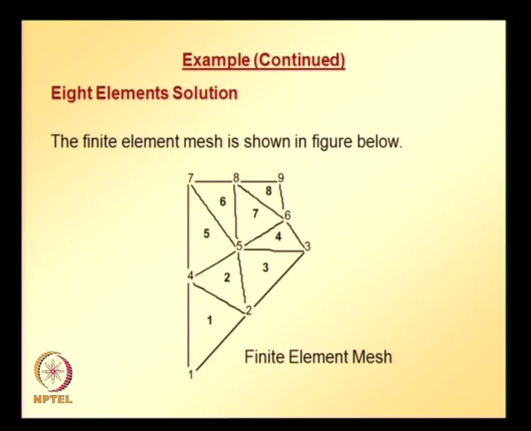The 500 degrees Fahrenheit temperature is specified on nodes 3, 6, 9, because those are the nodes along the inner diameter of the model, and a temperature of 100 degrees Fahrenheit is specified along 1, 4, 7, because that is the edge which is in contact with the outside for the model, and 0 flux is specified along 7, 8, 9, which is one of the lines of symmetry, and 1, 2, 3, which is the other line of symmetry.